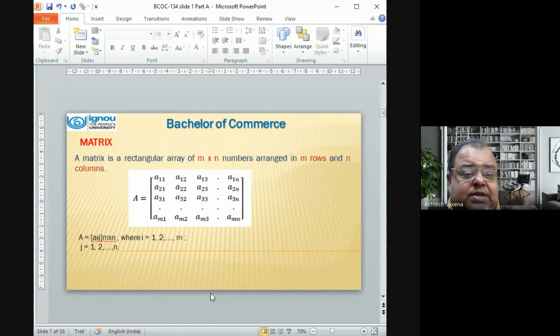Now, this is how a matrix looks. Matrix is a rectangular array of m cross n numbers arranged in m rows and n columns. Rows are horizontal and columns are vertical. This is a row. You can see four rows over here. These are the four rows. And these are the columns.